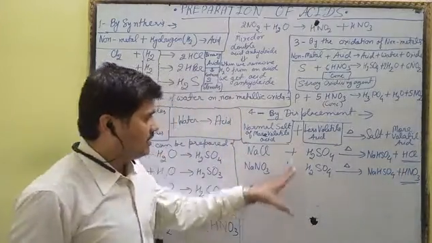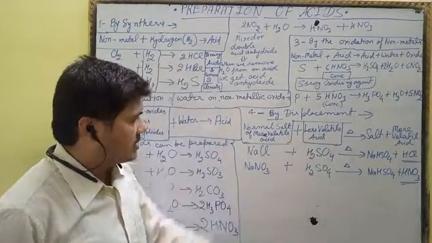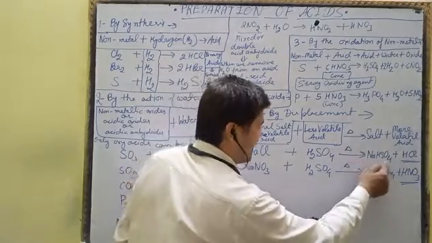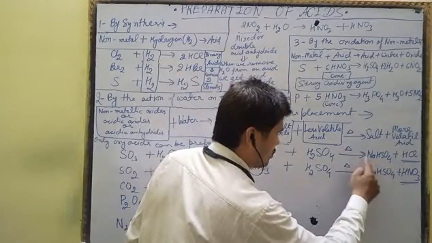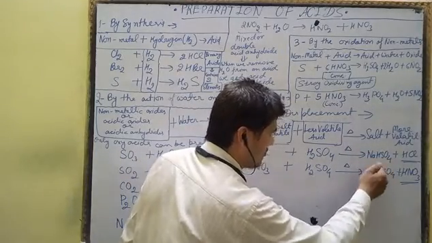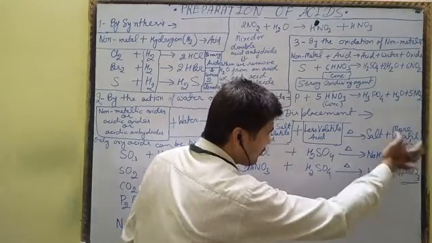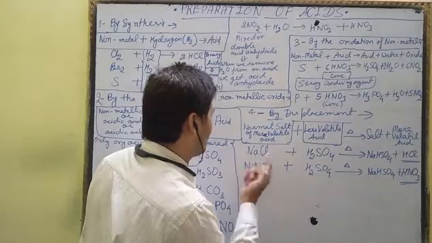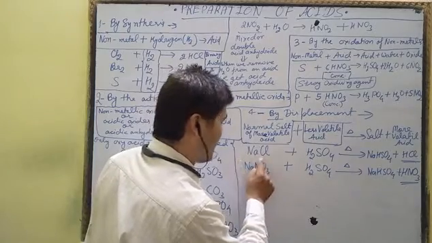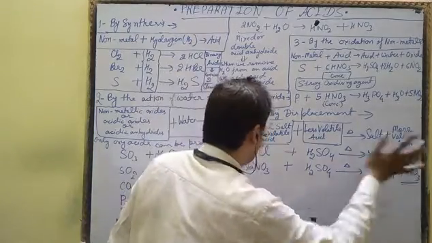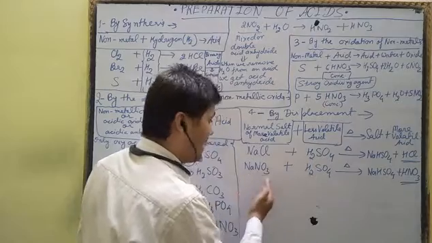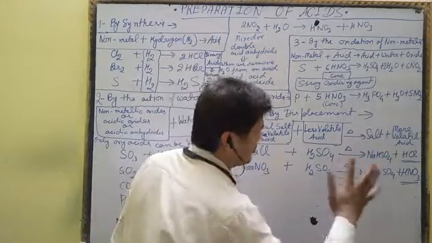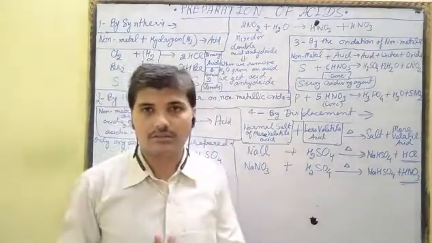So you can see in both reactions the salt is common, sodium hydrogen sulfate, but the acids are different because we use different normal salts. In the first we take NaCl, so we form HCl, and in the second we take NaNO3, so we form HNO3. Okay, you got it.